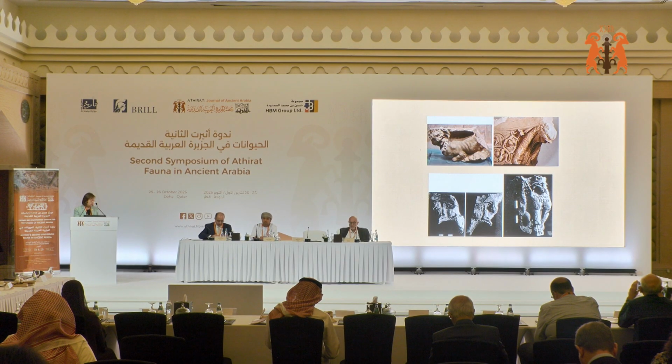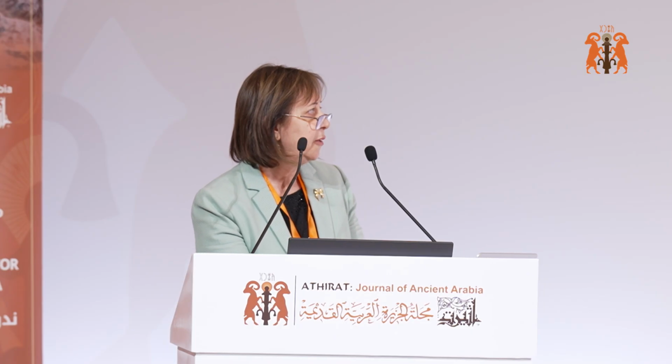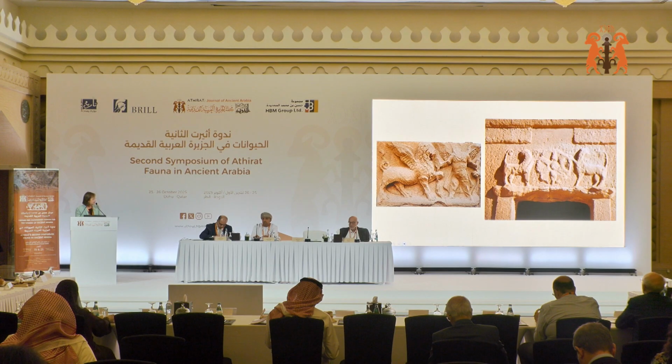The lion is also presented at Qasr al-Rabba, a Nabataean site north of Petra. The winged lion is also shown flanking the god Eros in Petra, and the picture on the right shows two lions and the wheel of fate and fortune.